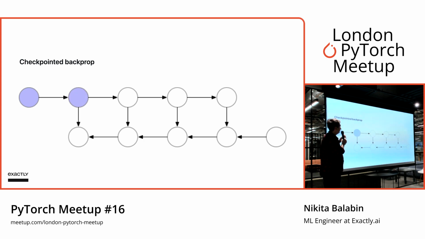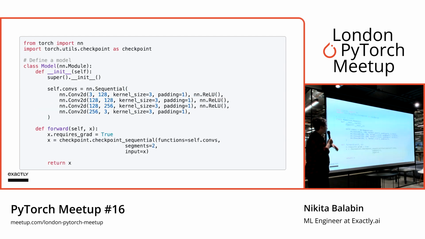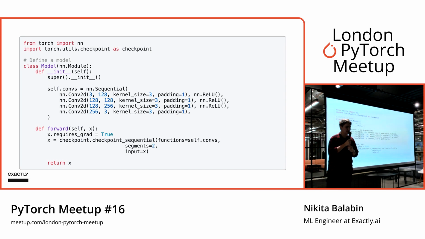And next slide, this is how to implement it. There are two ways. You can just choose in what part of your network you want to checkpoint activations. On the next slide, if you have a sequential model, you can create sequential checkpointing and checkpoint every second or every third activation.